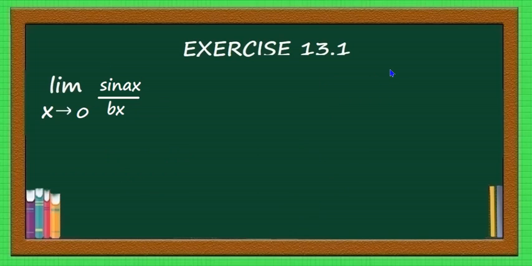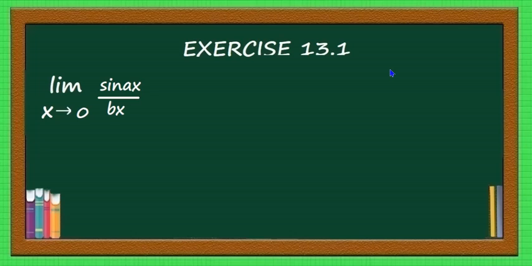And see this question: the limit as x tends to 0 of sin ax divided by bx. If you put x equal to 0, you will get 0 by 0, and you have to apply the standard formula, that is, the limit as x tends to 0 of sin x by x equals 1. To apply the formula, first let us take 1 by b common, because it is a constant, and you know that the limit of lambda times f of x equals lambda times the limit of f of x.